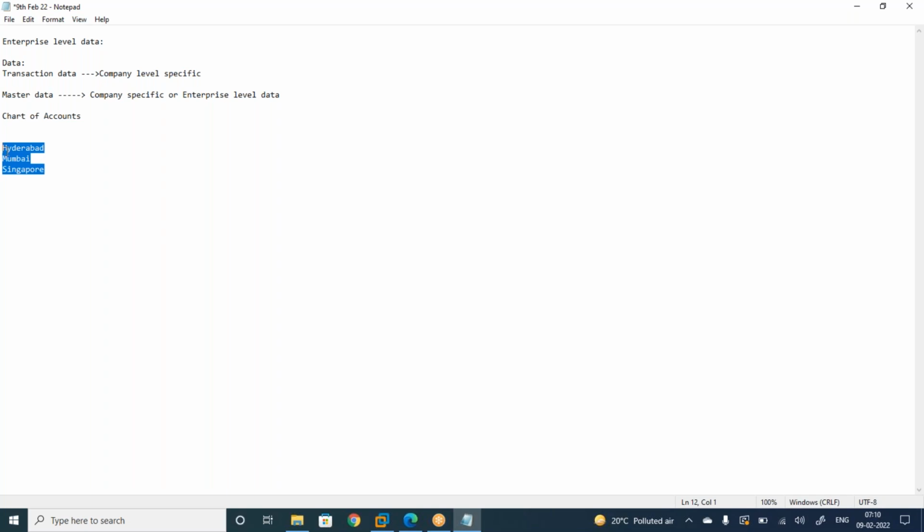Now I can create a chart of accounts COA1 and map the same COA1 to all of them. I want to use the same set of chart of accounts for all 3 companies. Yes, you can do it.